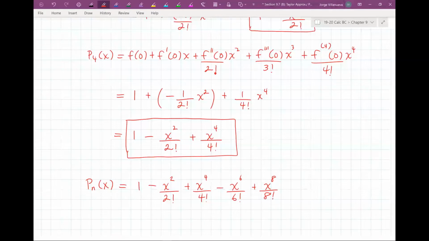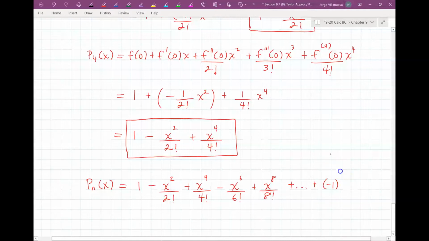You guys should be able to do that if they ask you, hey, can you give me the nth term? Well, you know it's oscillating. Actually, that would be n minus 1. Actually, no, it should be the 0th term, right? So 2 to the n.